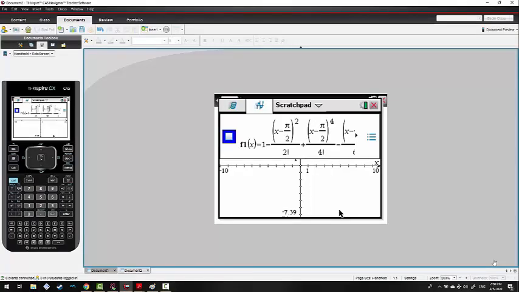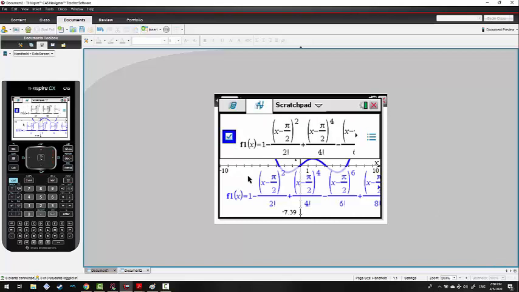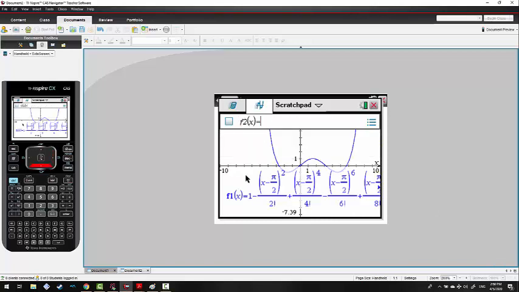And here we are with our nifty TI Inspire right here. If you notice, I've kind of already shortcutted this thing by putting all the terms in. I put it in through 8, which is where we got it through. And I will go ahead and click the Go button to see what this thing looks like. So, hello. Very cool. Notice it looks like a polynomial because it is a polynomial.